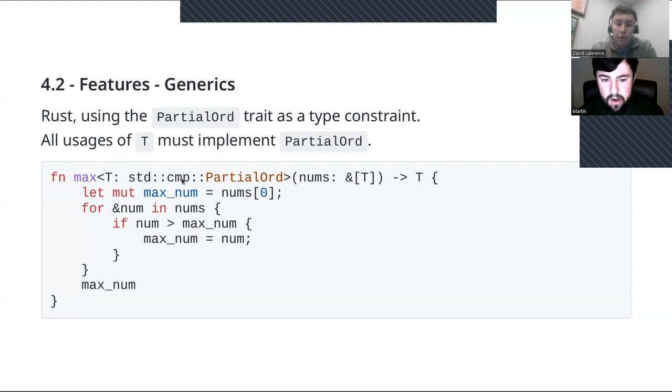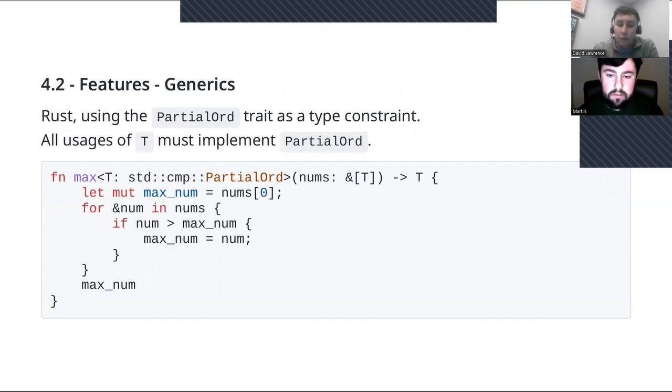So very similar to Go, except that we are not using a Go type constraint naturally, because this is another language. We're using a trait, but it's kind of the same idea, really. And like Go, it will also create various instances of max, various functions, and it will specialize in compilation time.